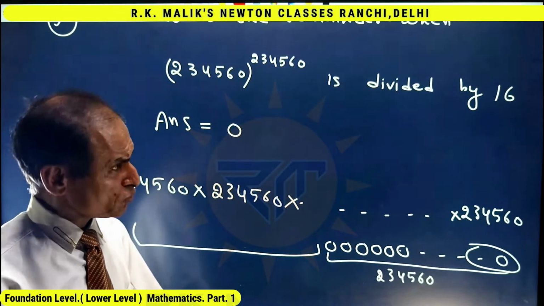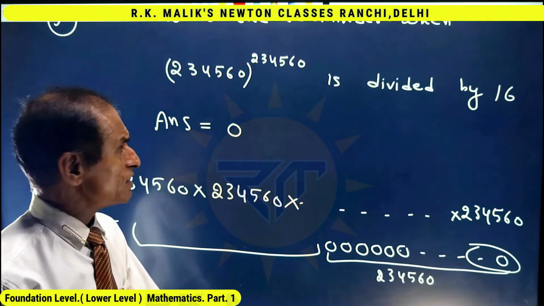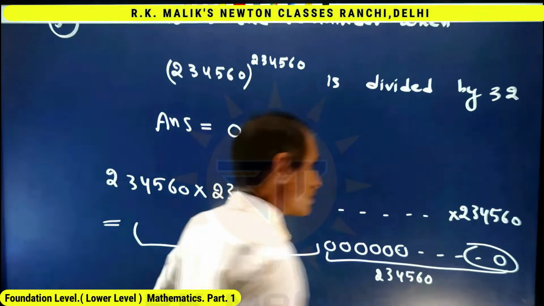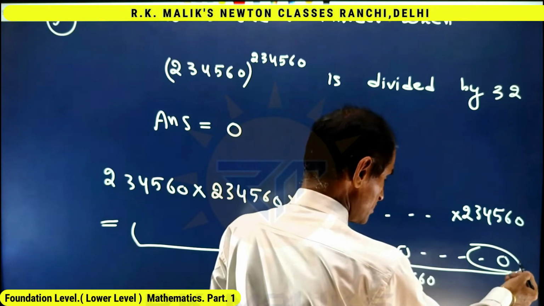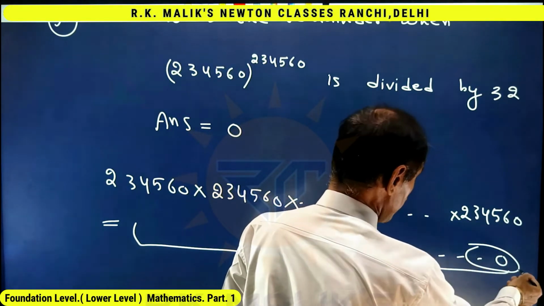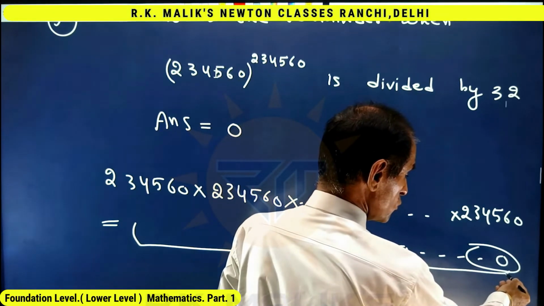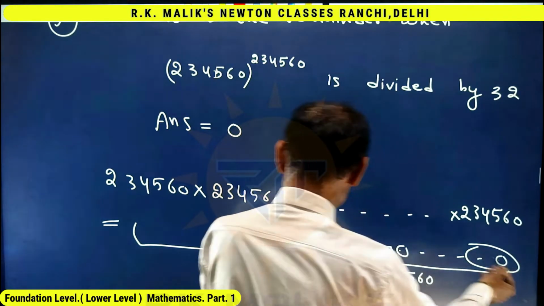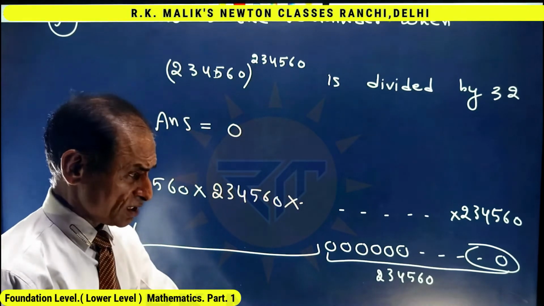And this thing can be proceeded further also. Similarly, this is also a concept that when some number is divided by 32 and we have to find the remainder, then the number found by last 5 digits, when that number is divided by 32, whatever is the remainder, the same will be the remainder when the whole number will be divided by 32.